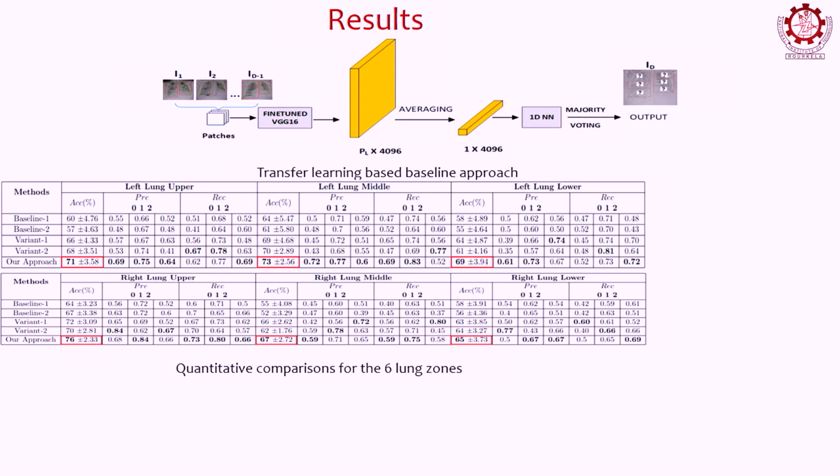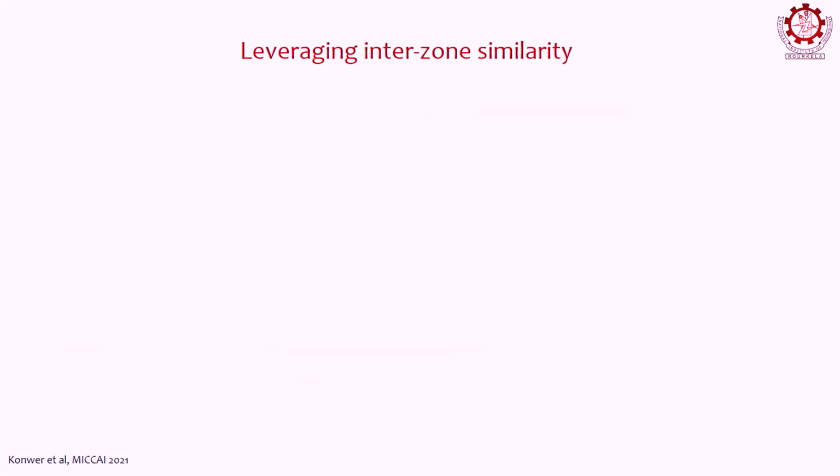So that was our baseline, and then we had our approach, and what we found was that clearly our LSTM method was able to provide better results than the baselines. Variant 1 and variant 2 were where we removed the temporal block or the spatial block, and it's clear that if you remove them, it's not a great model.